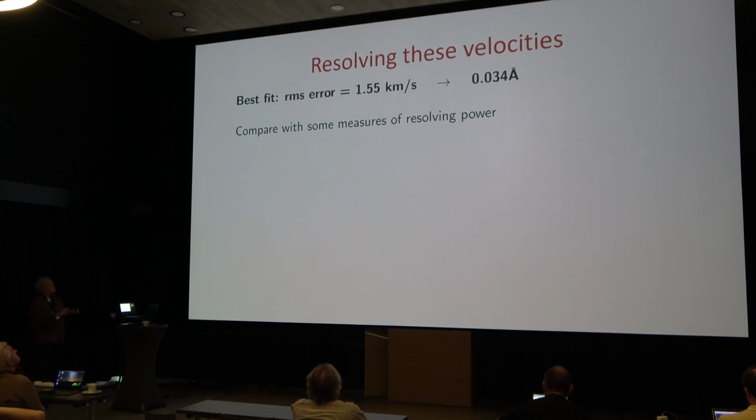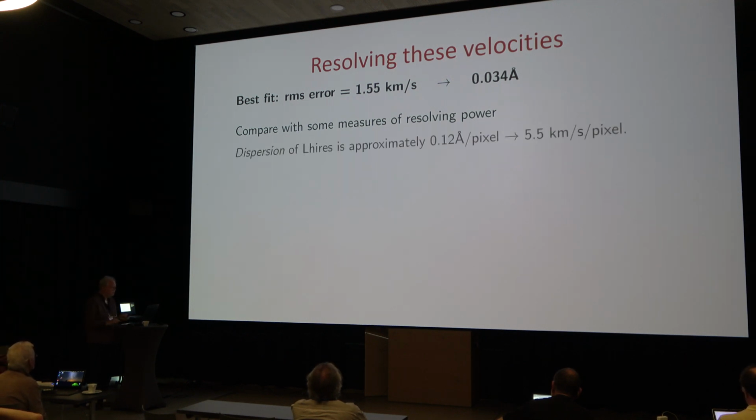So let's take stock then of where we are and look at what we are getting here, given the instrument's limitations. So the best fit error was 1.55 kilometers per second. That corresponds to 0.034 angstroms. And let's compare that with some measures of resolving power of the rig.